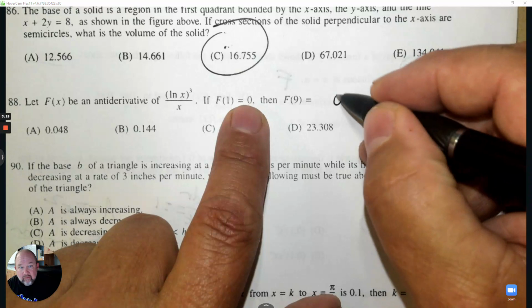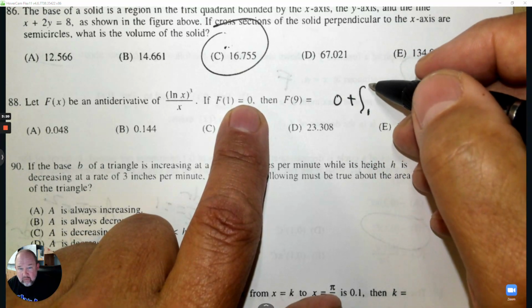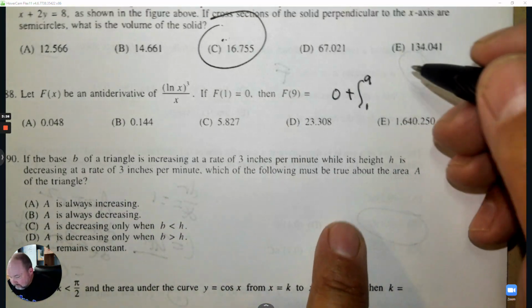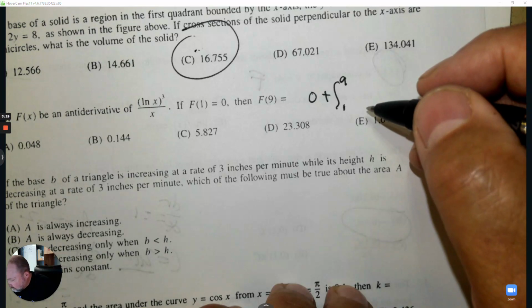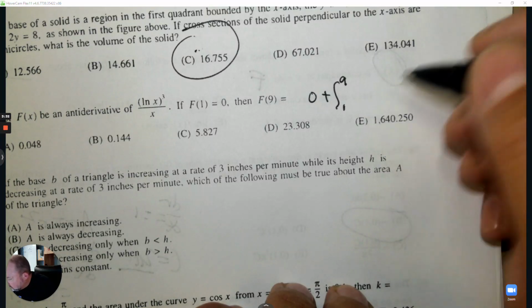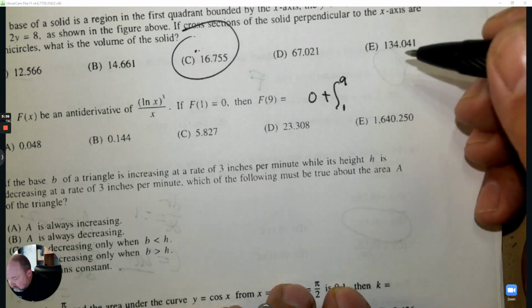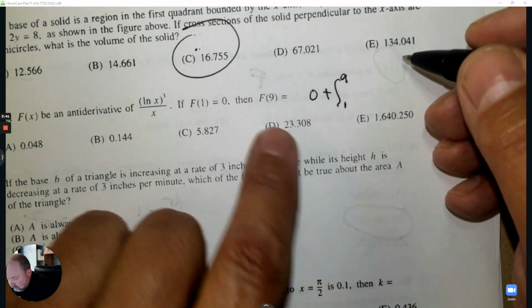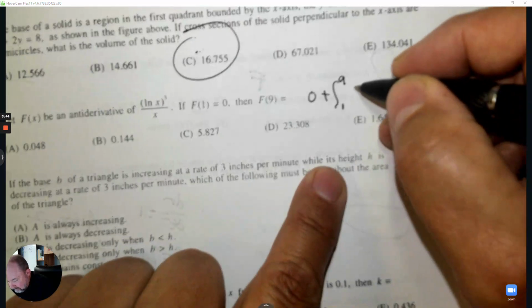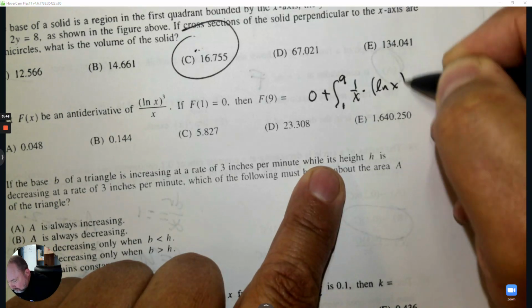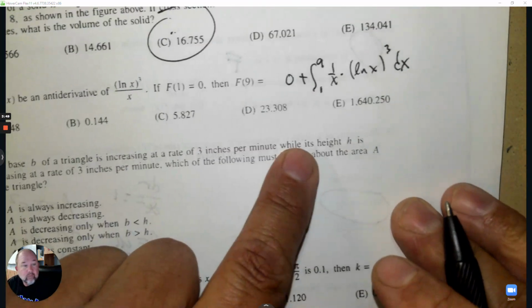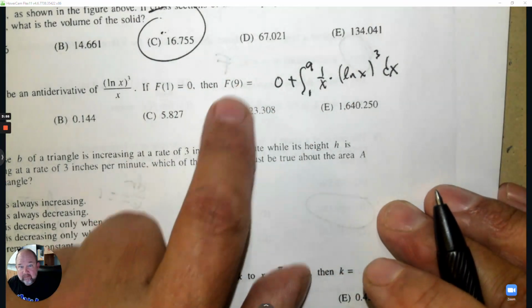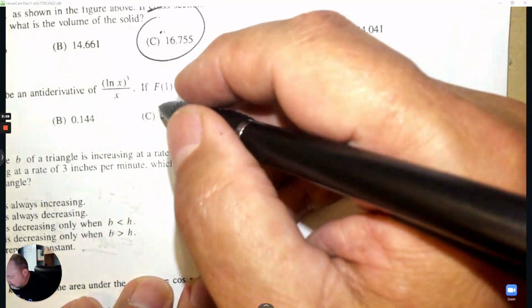So the starting value is 0, and then I'm going to integrate from 1 to 9, the derivative, just type it in, and you would get your answer. And it goes from 1 to 9. And if you type it in, the answer is C.